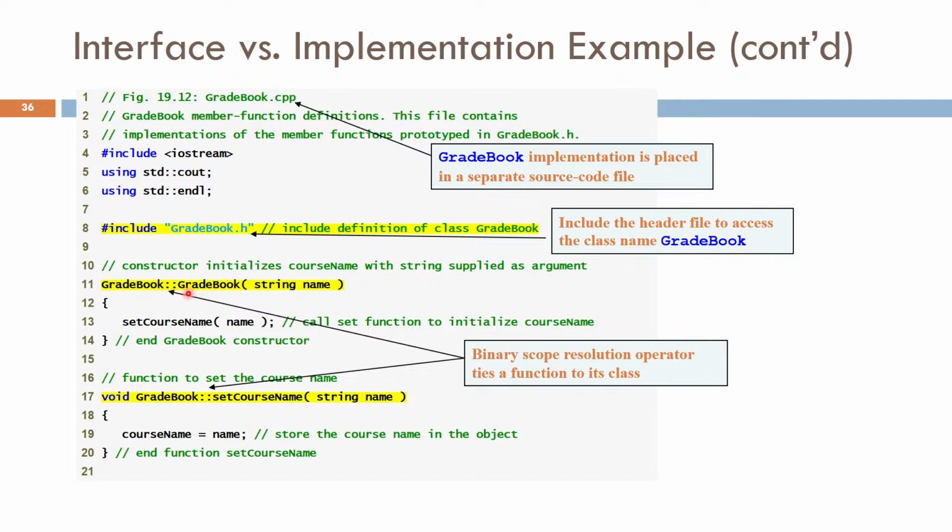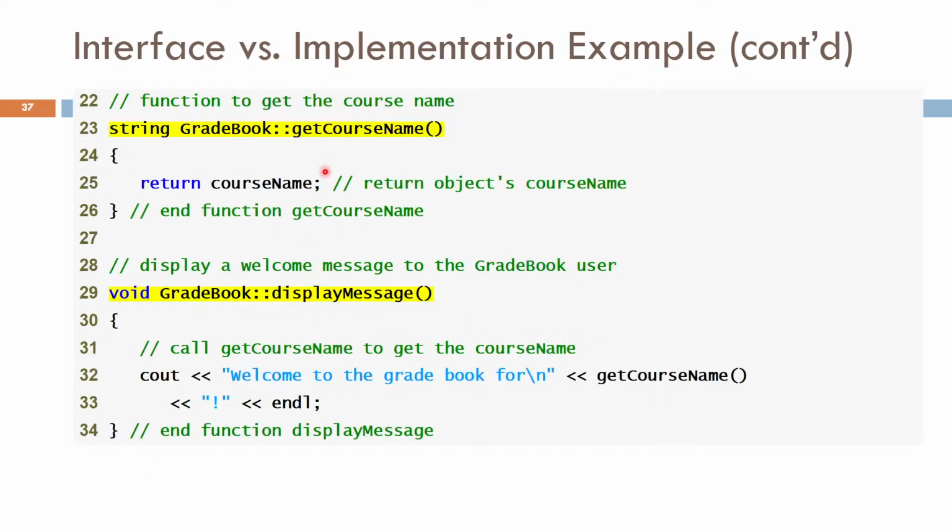And then we have the double colon, meaning that, okay, we need to access what the function is here. GradeBook here being our constructor, we write our function accordingly. Similarly, for setCourseName, we say void GradeBook::setCourseName to access it and to write our instructions for it, and we define it and so forth. And we do the same thing here for getCourseName and displayMessage.